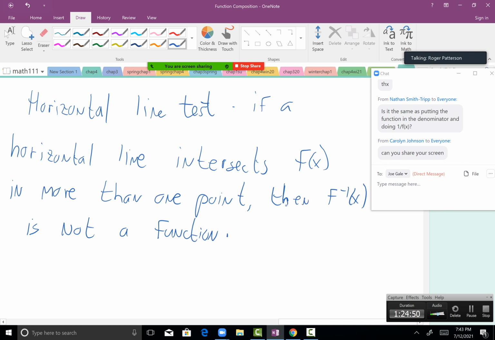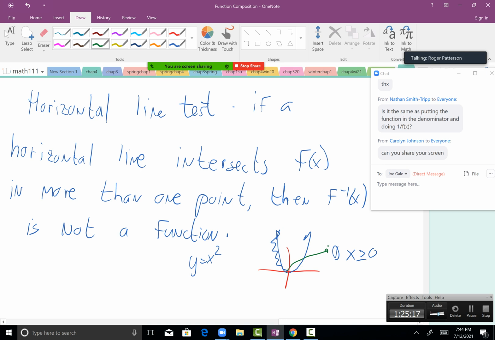And you have to restrict that domain. So you would have to take this parabola here and chop that part off so that the domain is greater than or equal to 0, assuming that this is y equals x squared. So that green one is going to look like that.